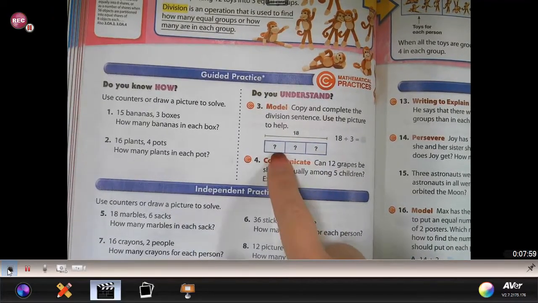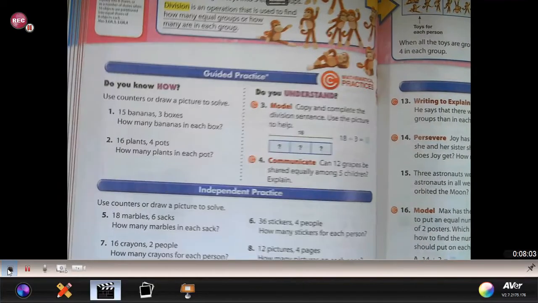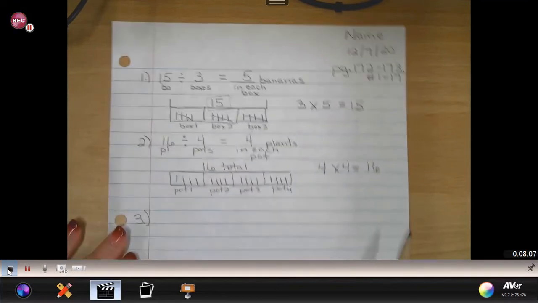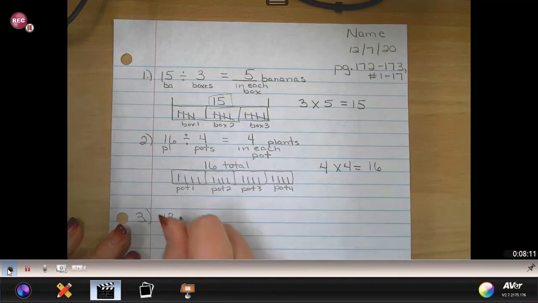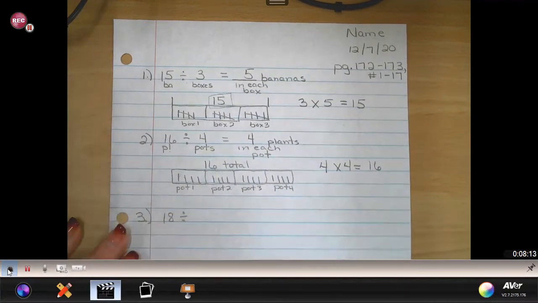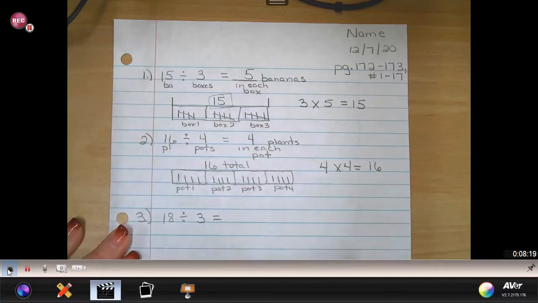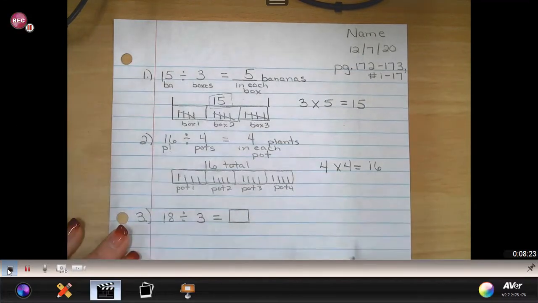Whereas before, we would see how many are in each group and we would be trying to figure out the total. Now we're just working backwards and opposite of multiplication. So I'm going to take my 18 objects, whatever those may be, and I'm going to break them up into 3 equal groups, and I want to know how many are going to be in each group.